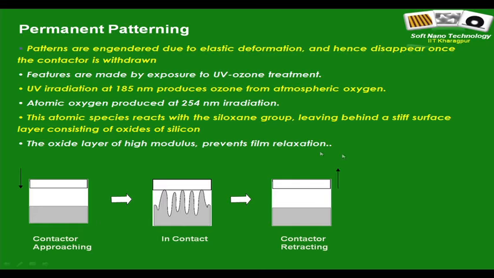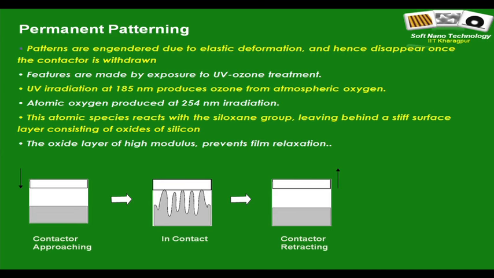So, the deformation that has been caused at the surface is stored in the form of elastic deformation of the matrix. So, simply as the contactor is withdrawn, the film will revert back to its initial flat morphology, and therefore, one must understand that the contact instability structures are transient. That is in fact one of the hindrances for using this form of instability for making some permanent structures.